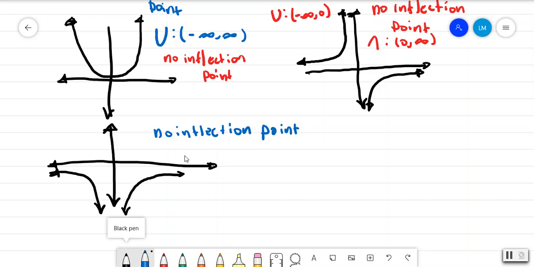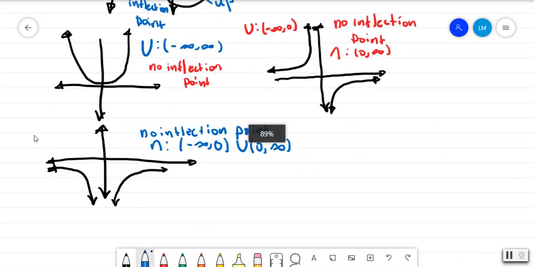You have that it's concave down from negative infinity to 0, and then from 0 to infinity it's concave up. So even if it doesn't have an inflection point, you can still see what happens because it's undefined at 0. Okay, so functions could possibly be one thing or the other and possibly not have an inflection point. But the way that we find these is by using the second derivative.